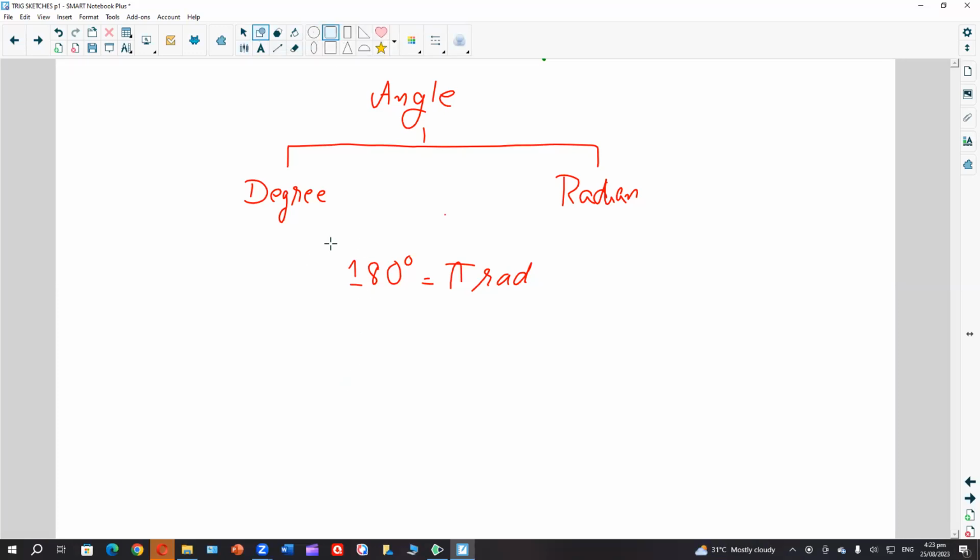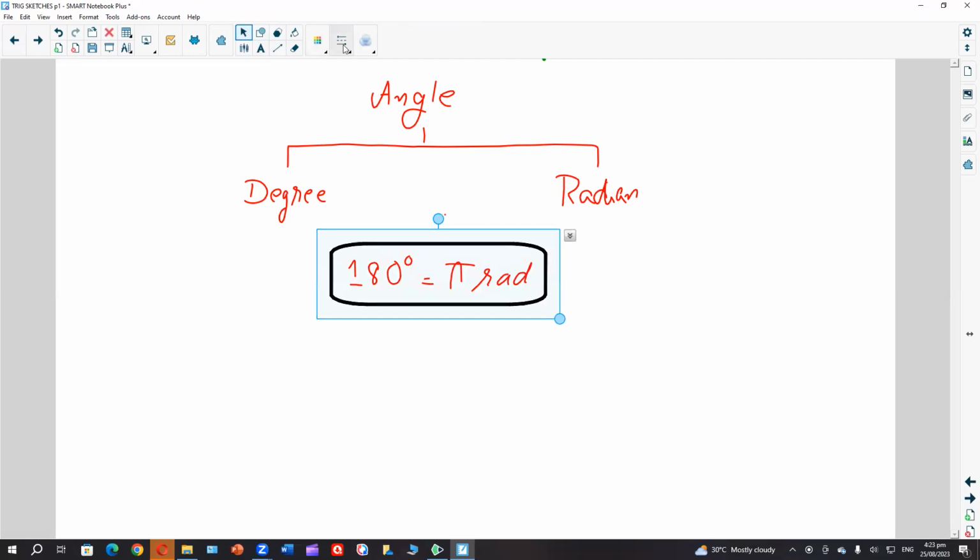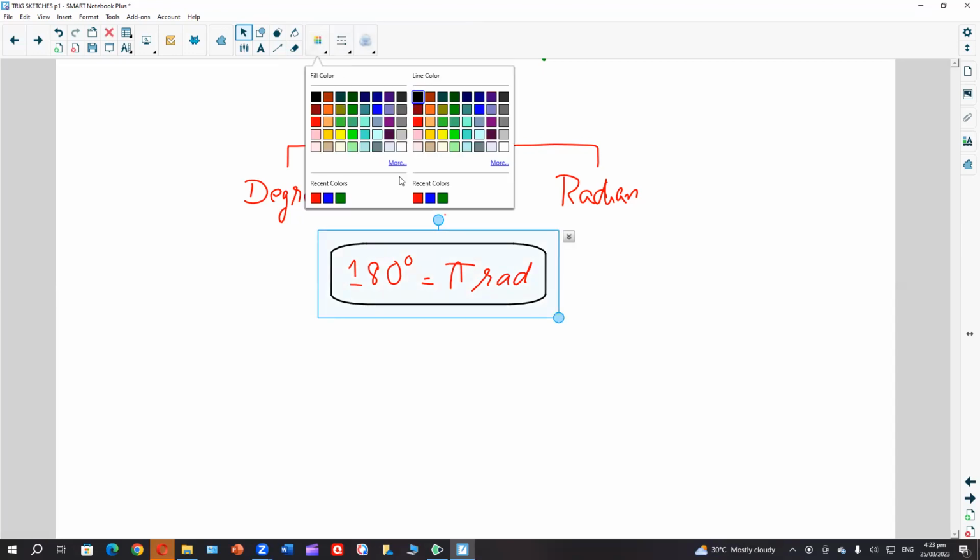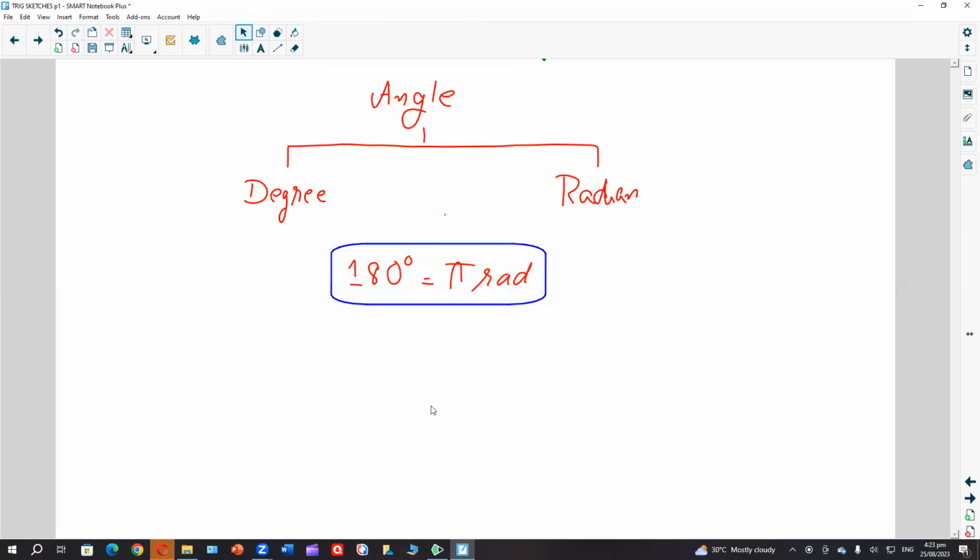There are two methods to measure the angle. And when you are working on any angle, you can convert the function in any other form, but ideally you have to keep your calculator always in degree mode.